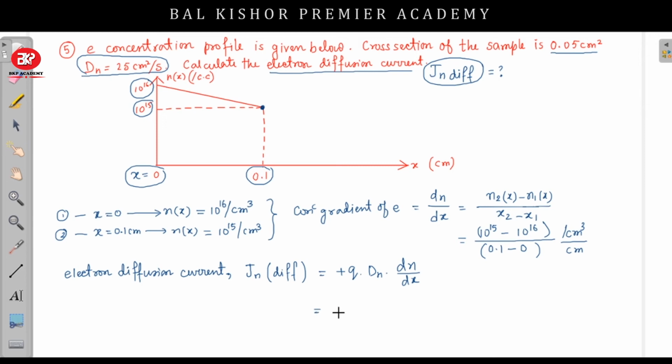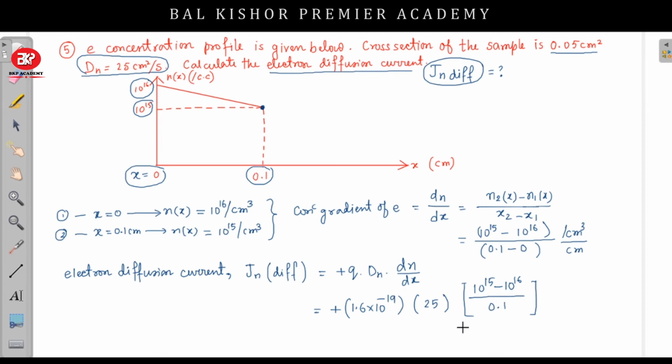So let us put the value. It will be plus 1.6 into 10 to the power minus 19, that is the electron charge. Dn value is 25, and dn by dx value we have found as 10 to the power 15 minus 10 to the power 16 divided by 0.1. So from this equation we can calculate.